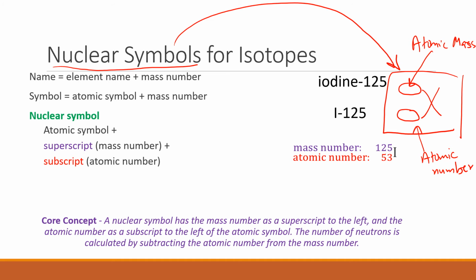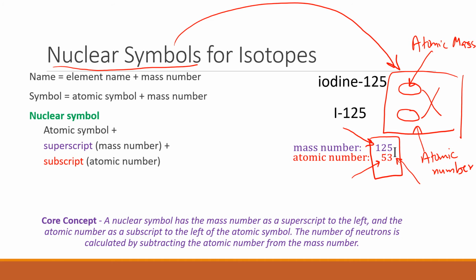An example of a nuclear symbol is shown here for an iodine isotope. The symbol is I, and the atomic number of iodine is 53, written as a subscript, and the atomic mass is 125, represented as a superscript.